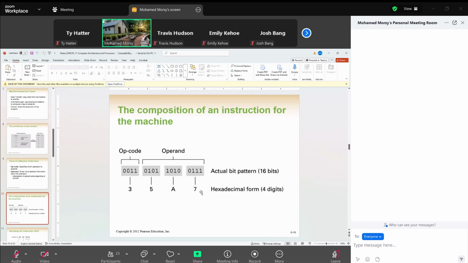These bits are represented in hexadecimal symbols, and we know each hexadecimal symbol is represented by 4 bits. So we have 4 hexadecimal symbols to represent the instruction.